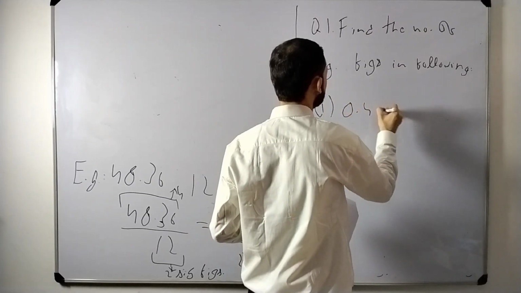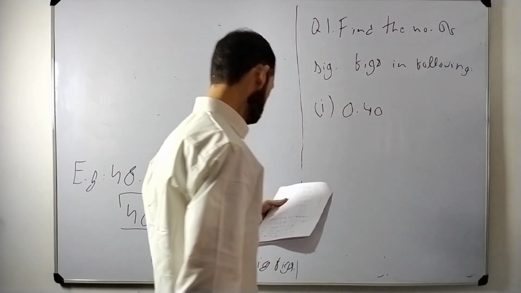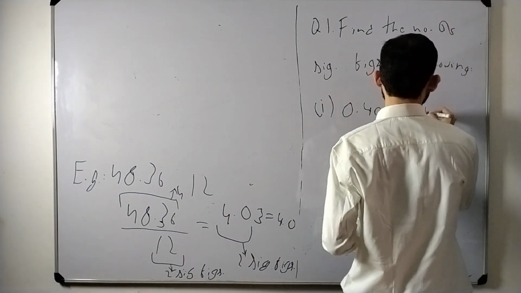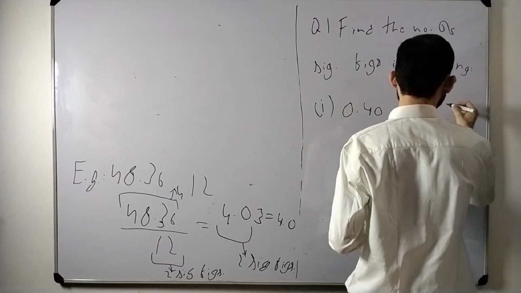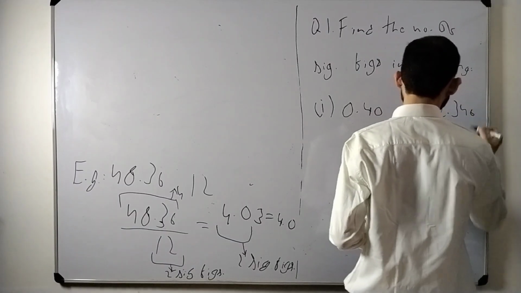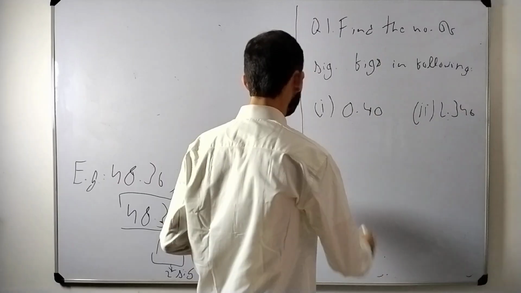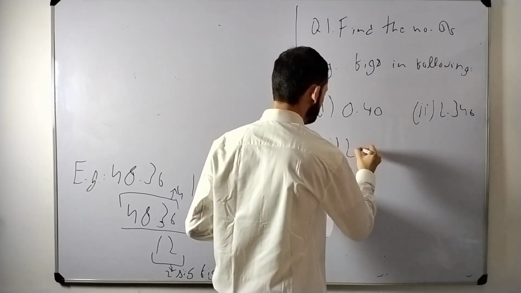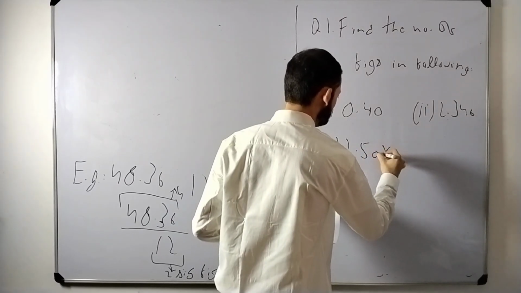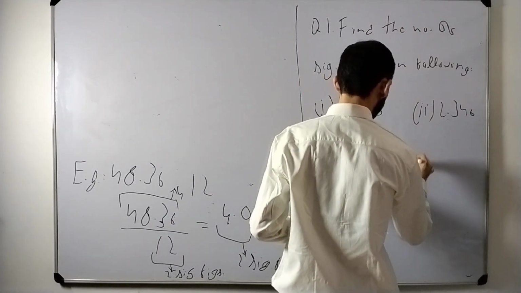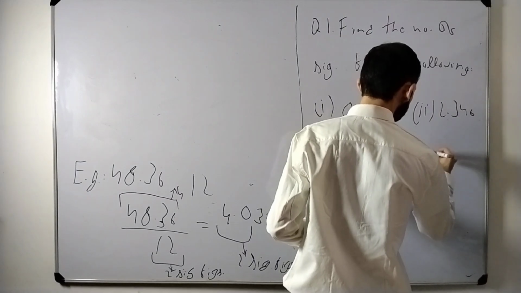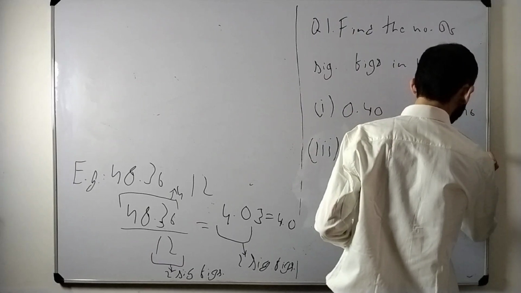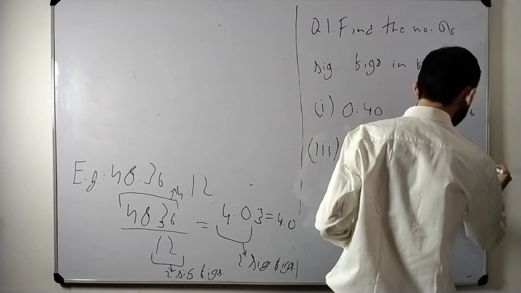First 0.40, second, you keep thinking yourself, 2.346, third, 2.50 into 10 to the power 4. Fourth, 0.0542.